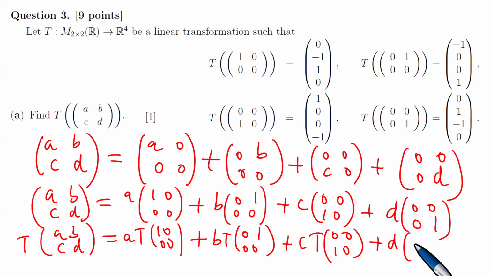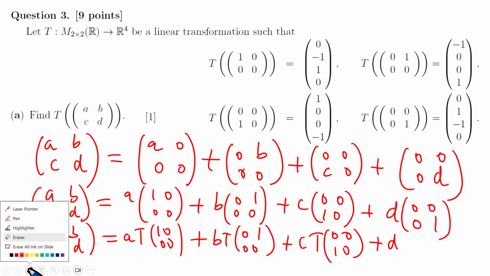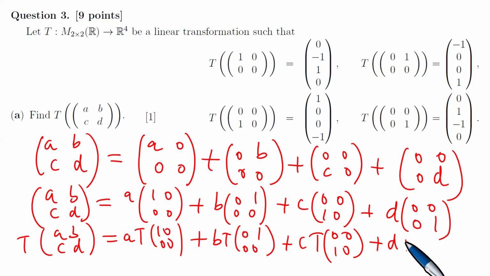We have D that goes out of the map. So this is what we do in this case. Now D is a scalar, and we have 0, 0, 0, 1, like so. Upon careful examination, we are able to make the following observation, that this indeed is what happens.